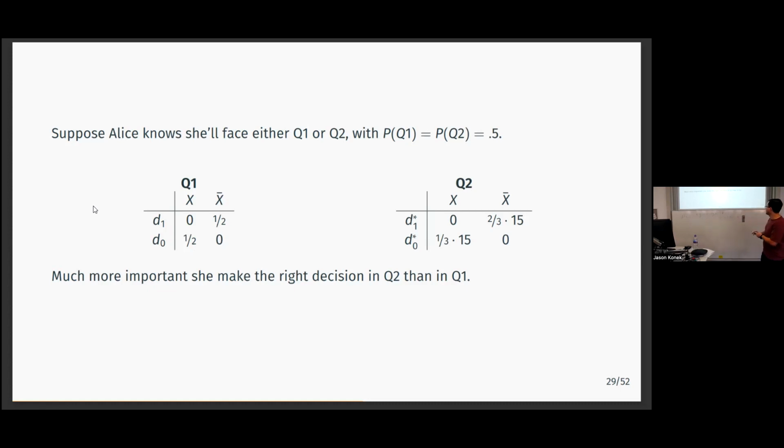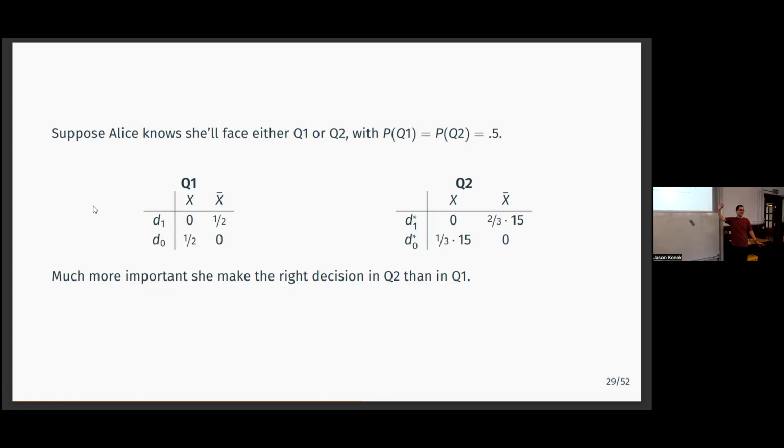So if I had Q2 prime, let's say you tell me, Ben, you are going to face this bet on X and X bar with no 15, or you say you're either going to face this bet with this payoff matrix or loss matrix, or you're going to face that one.